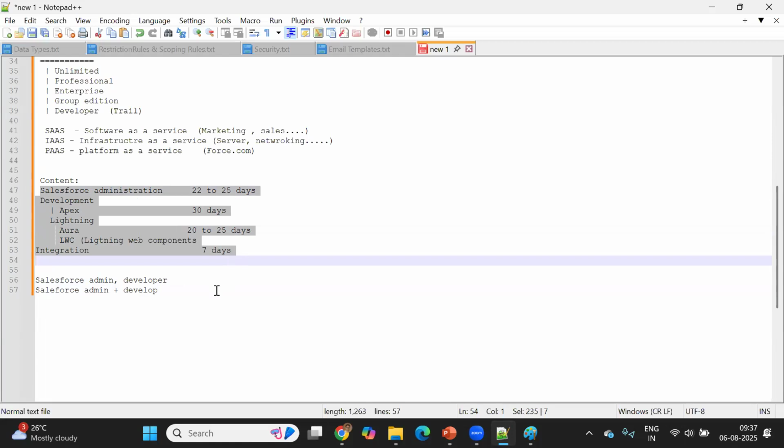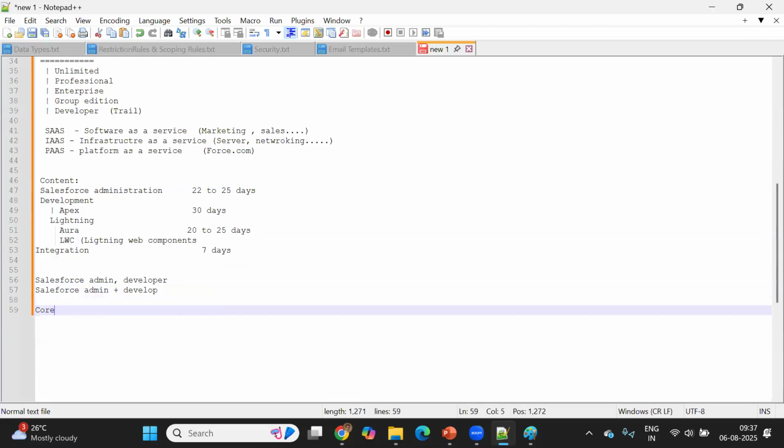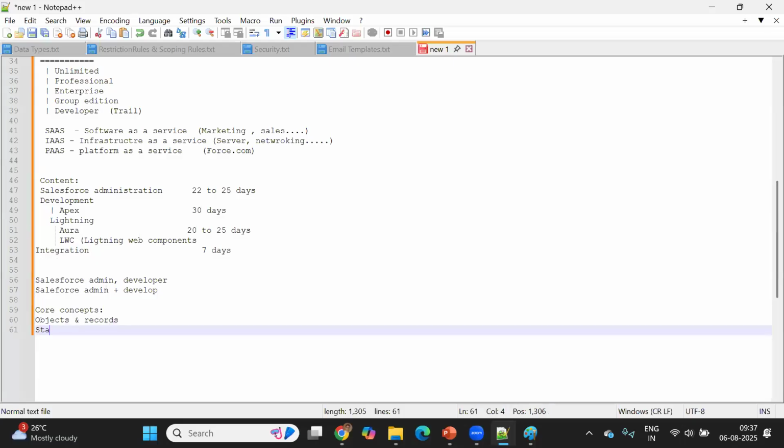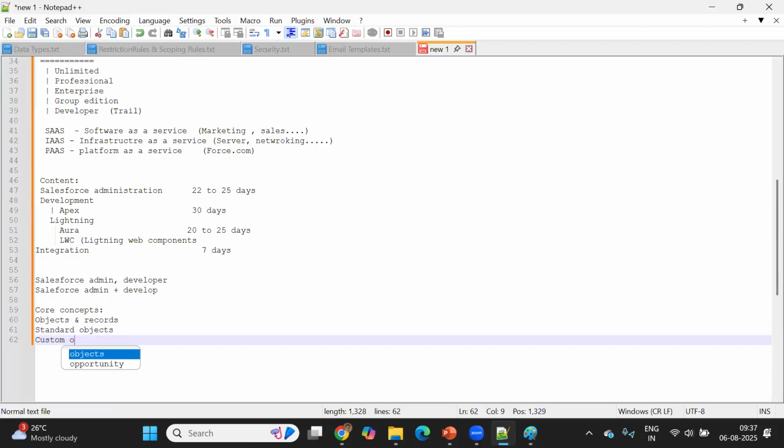And the core concepts for both admin and Salesforce developer that we are going to deal with are objects and records, standard objects and custom objects, just a few of the things I am exploring here.